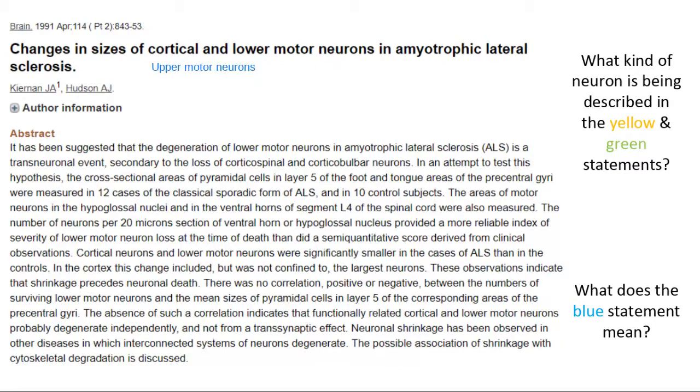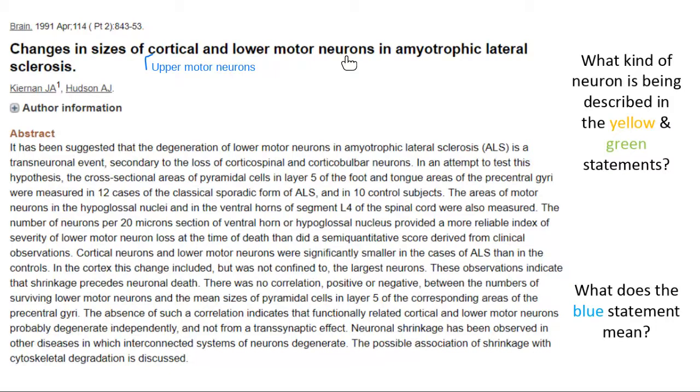Upper motor neurons. So when we see in our summary down here talking about cortical motor neurons, those are upper motor neurons. When we see talking about lower motor neurons, these are the ones like we talked about before, the ones that are second in line.